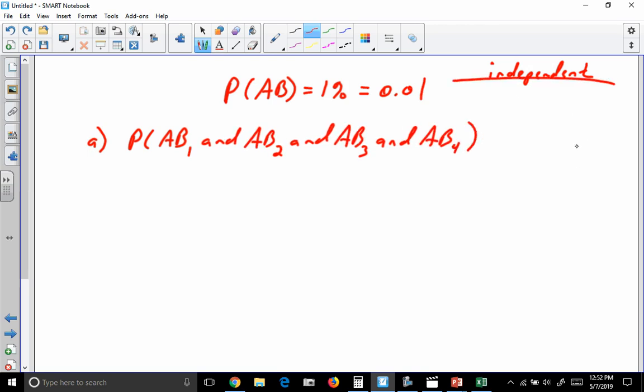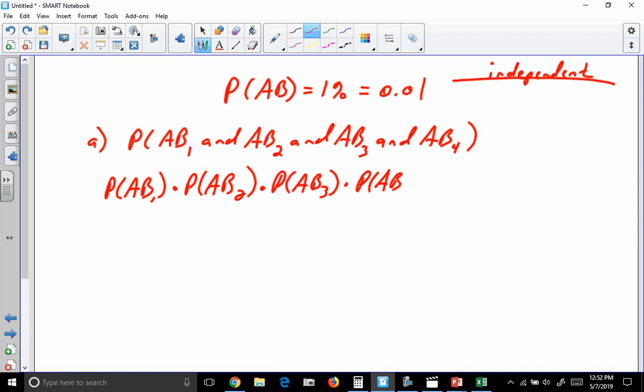Now, since these are independent, we can use our special multiplication rule that says we take each of their probabilities and multiply them together. We don't have to use a condition in this one because they are independent. So the probability that the first person has AB blood is 0.01. The same probability for the second person to have AB blood, and the third, and the fourth.